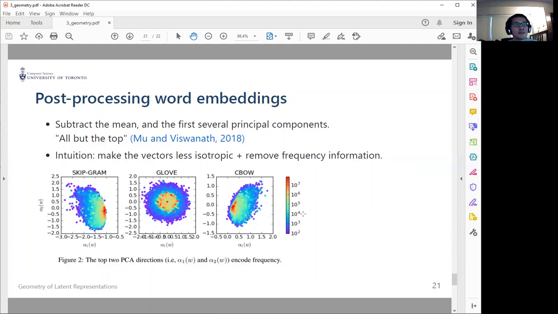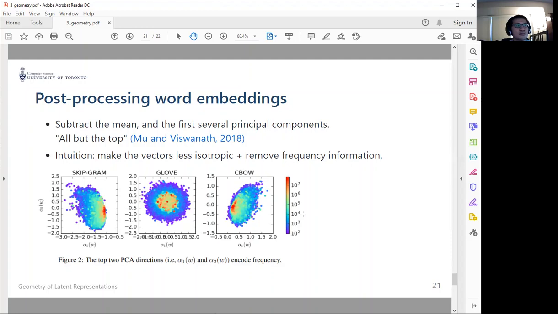The intuition is that the first several principal components contain the frequency information, and because the word embedding vectors are distributed within some narrow cones, if they just knock out the main components of that narrow cone, they should get more diverse distributions, and they might be able to let the subsequent networks focus less on those common dimensions.